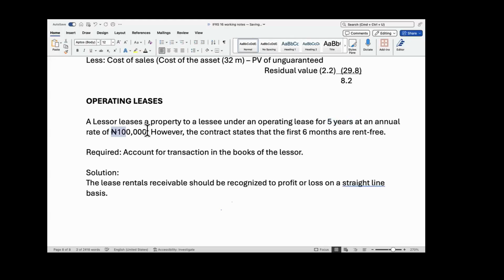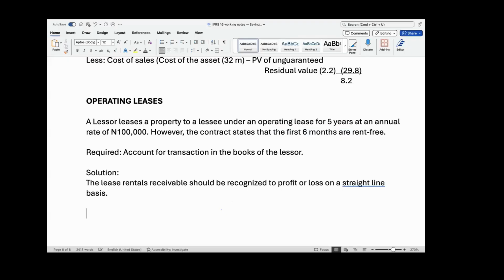It pays rent of 100,000, and the contract says that the first 6 months are rent free. So which means that in year one, the lessee is going to pay only 50,000 instead of 100,000.